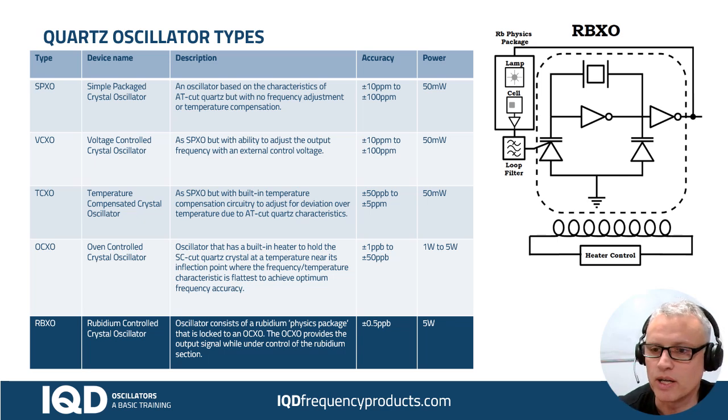Then we have a light detection system in here that looks for the number of photons being detected and gives us a signal, and then we can say that if we have the maximum number of photons on that cell, then we must be very close to that frequency. That frequency is developed from the 10 megahertz coming out from the OCXO, and we have a multiplier that brings it up to 6.83 gigs.